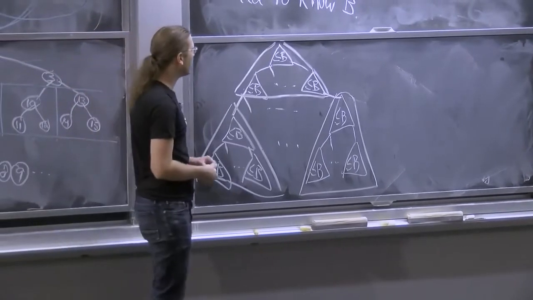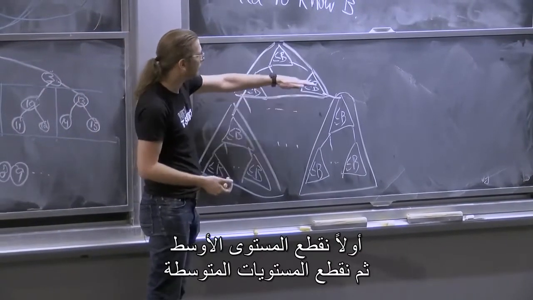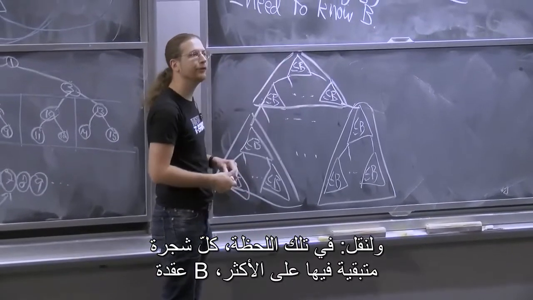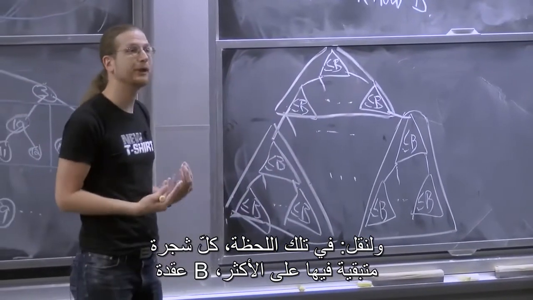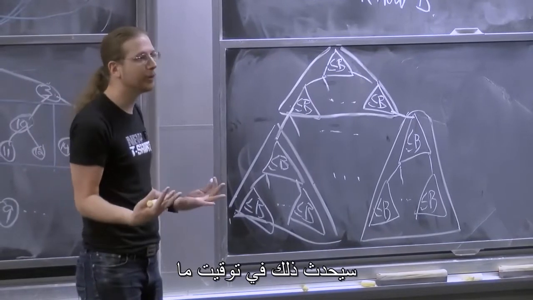First we cut in the middle level, then we cut in the middle levels. And let's say at that moment, all of the leftover trees have at most B nodes in them. Okay, it's going to happen at some point.